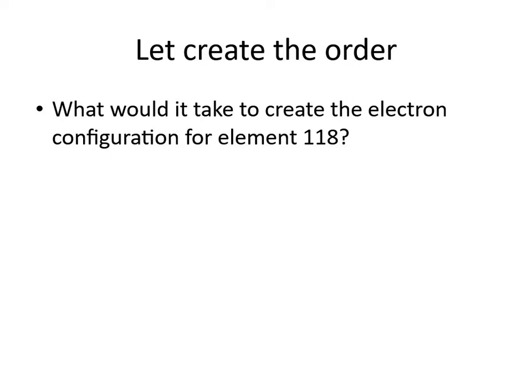So on my configuration table, I'd need to go all the way up to 7. So let's do that real quick. We've got 1s, 2s, 2p. Third energy level is going to be what, Fisher? What's going to be my third energy level here? 3s, and then 3p. And 3d. Awesome. Thank you, sir.